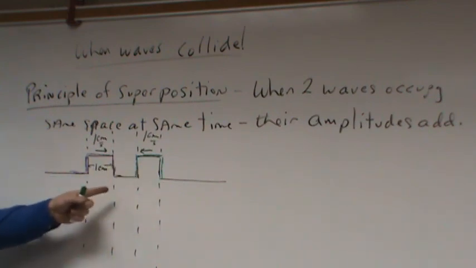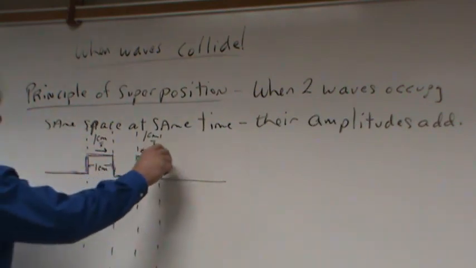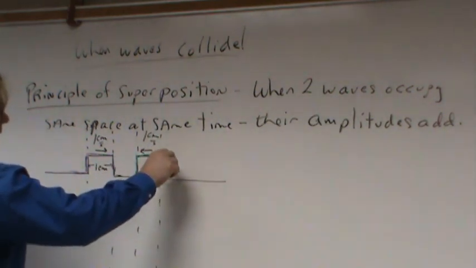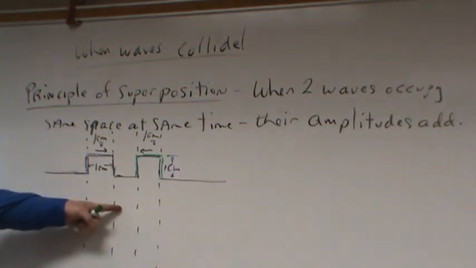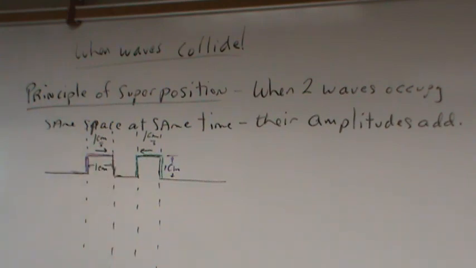Good. So tell me, if the amplitude of these pulses is 1 centimeter, what's the amplitude of the combined pulses going to be 1 second after this? You guys getting 2? Okay, hope so. Because if you're not getting it, then there's nothing I can do for you.